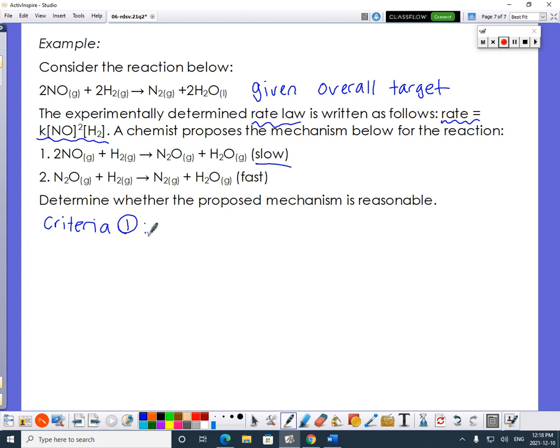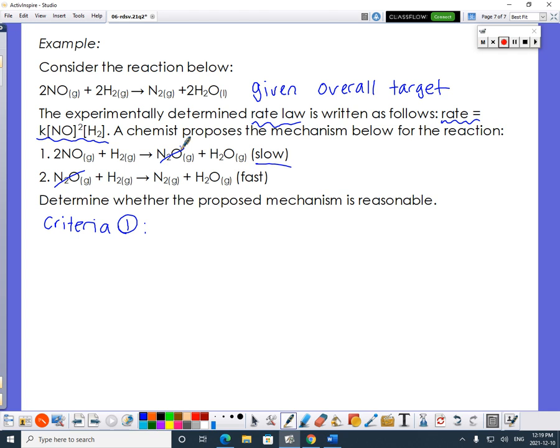So do these steps combine to give the overall equation. So remember, no flipping. We don't want to flip or anything because we want to see if what's proposed works, okay? So let's see. N2O is on both sides. I think that's it.